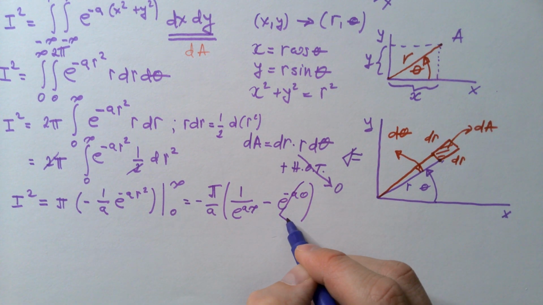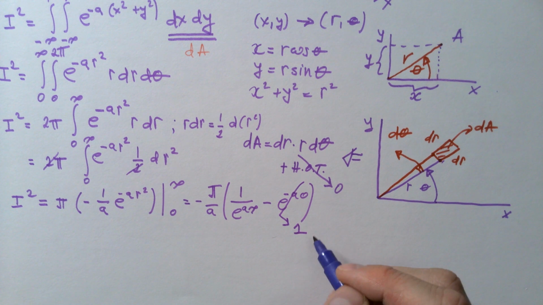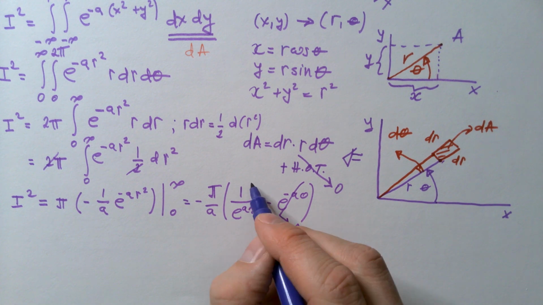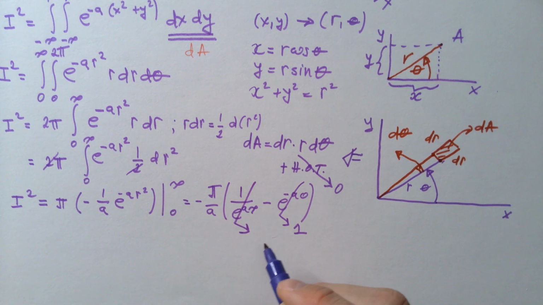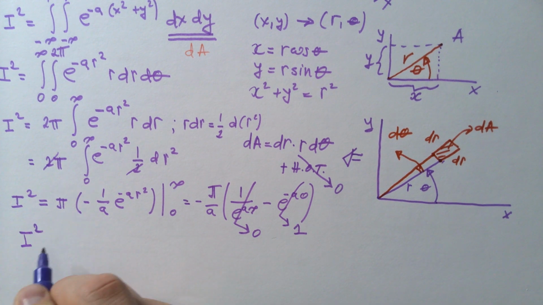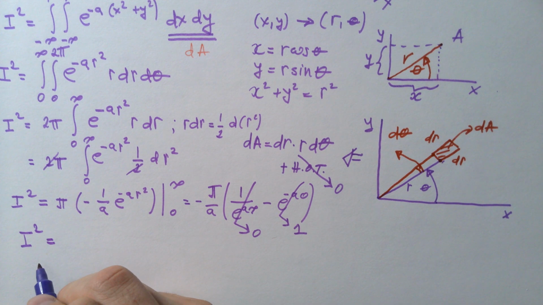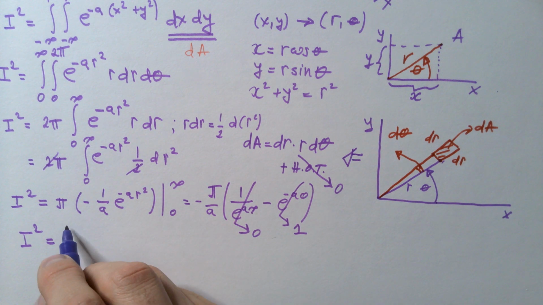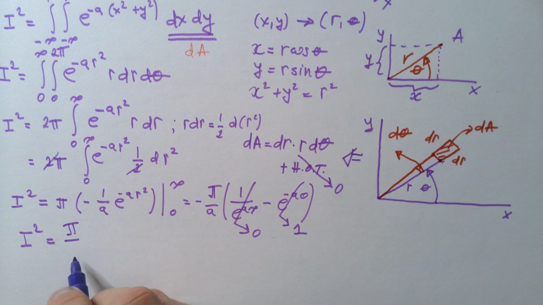Well, anything to the power 0 is 1, and here e to infinity is infinity, so 1 divided by infinity in the limit tends to 0. And we get that this I squared, I apologize, my throat is sore, is equal to, this negative and this negative will cancel, and I get pi over a.